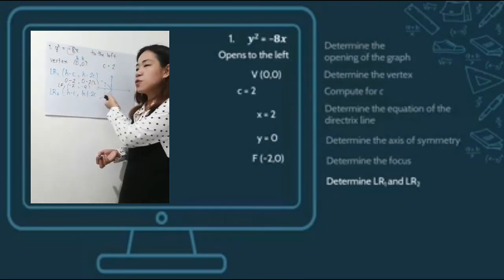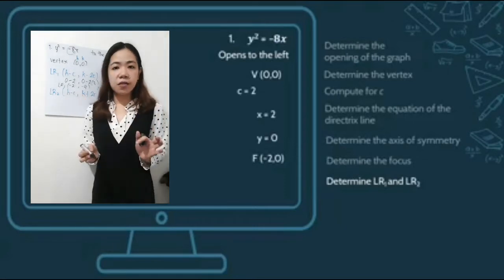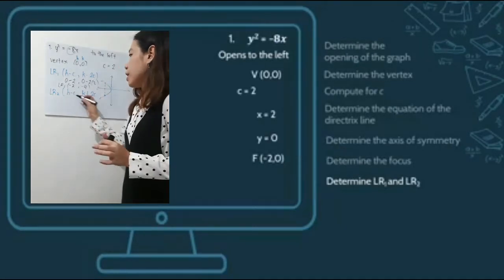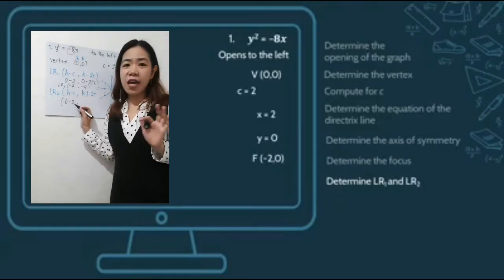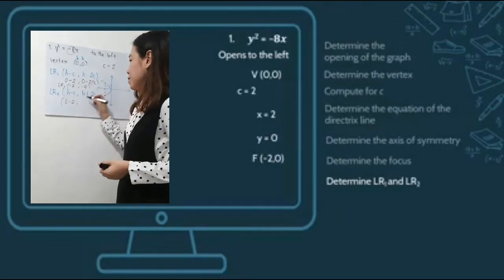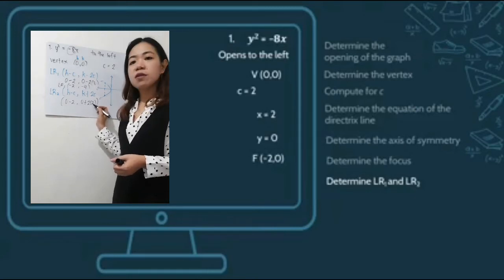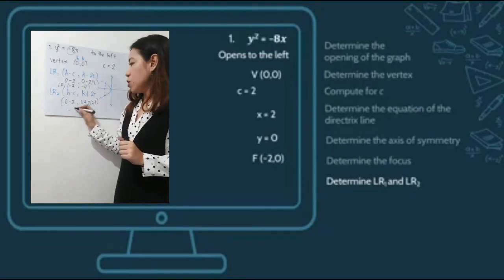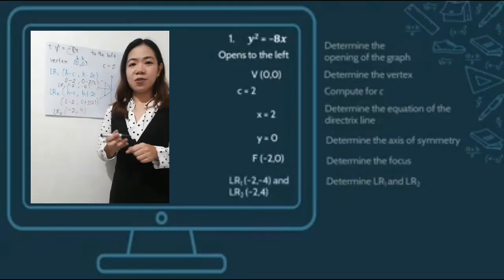That is in the third quadrant. Now for LR sub 2, the other endpoint of the latus rectum, we have h minus c again. 0 minus 2, actually you don't have to solve because we already have that here. That's negative 2. And then k is 0 plus 2 times 2, that is 4. So this time we have (negative 2, positive 4). So this is your LR sub 2.